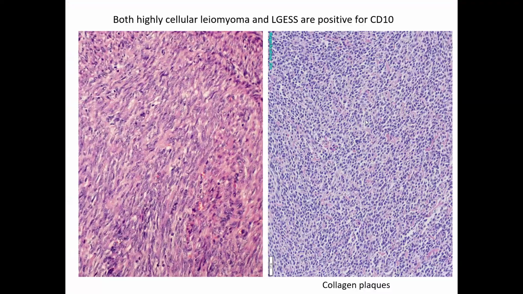And I like to put them next to each other. So on the right here, you have a low-grade ESS. On the left, you have what we call a highly cellular leiomyoma. Okay, so how am I going to differentiate the two? Again, look at the collagen plaques.